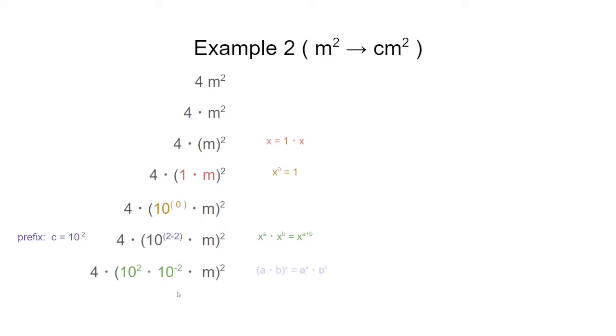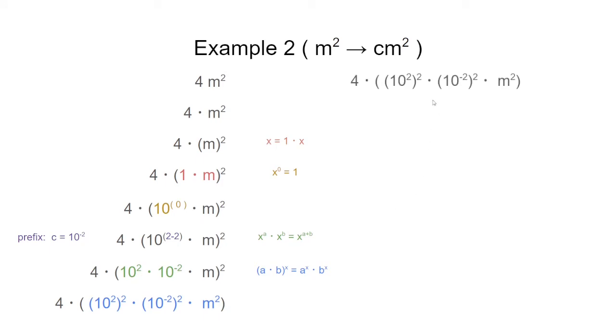Then we will use rule number 4, the distribution of the exponent into our parentheses here with the multiplication here. So we get 10 to the power of 2 to the power of 2 and 10 to the power minus 2 to the power of 2. Because of the 2 that was outside the parentheses here, also the meter to the power of 2.